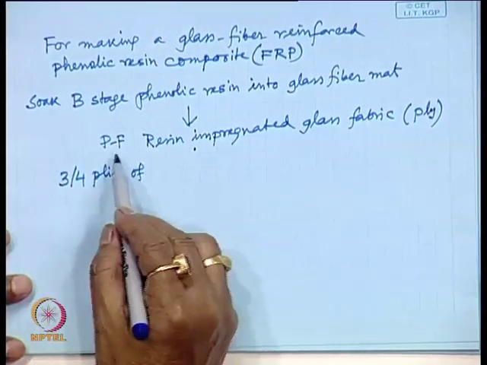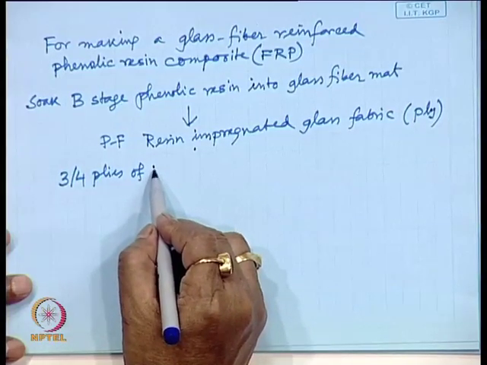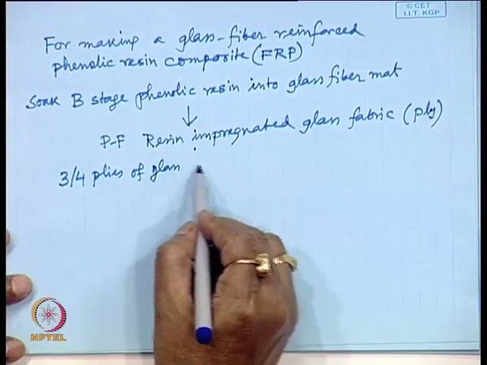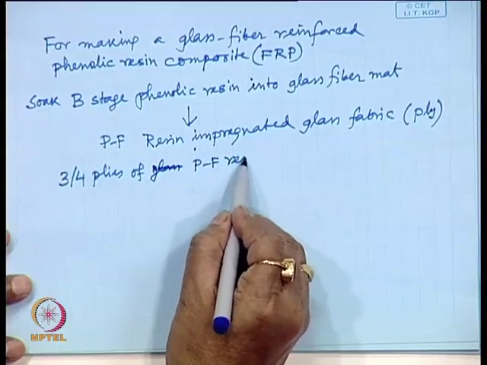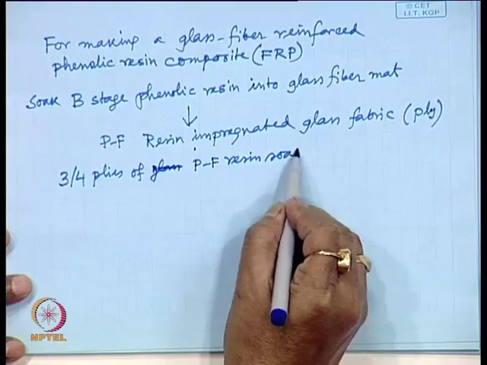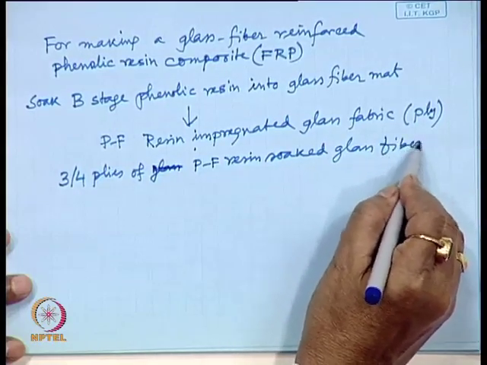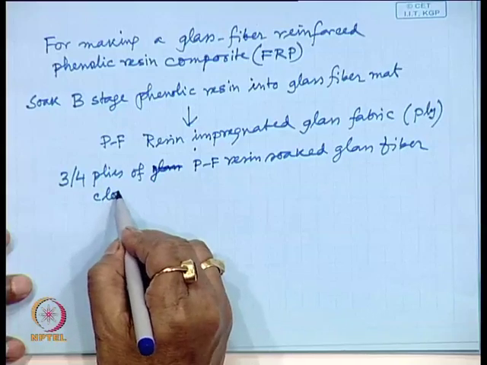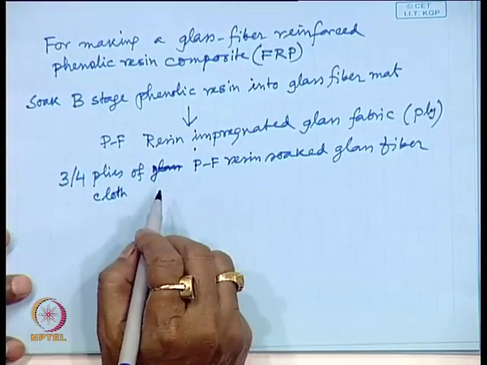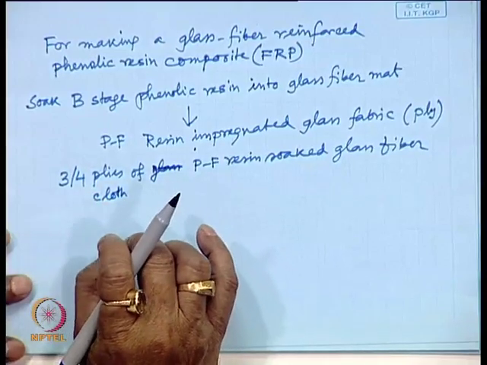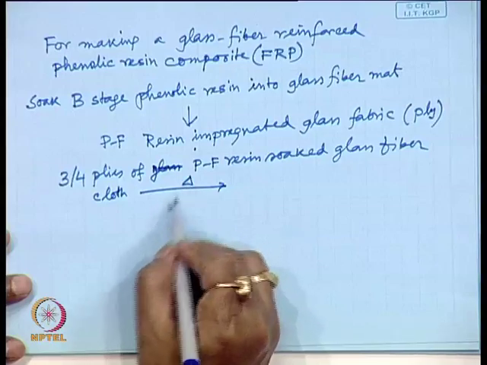of PF resin soaked glass fiber cloth, assemble those 3-4 plies together, then apply heat and pressure.